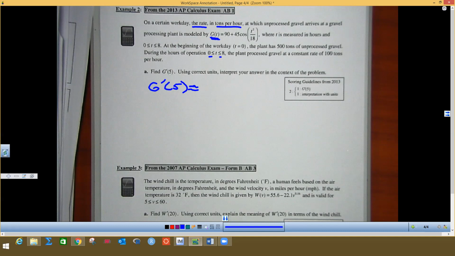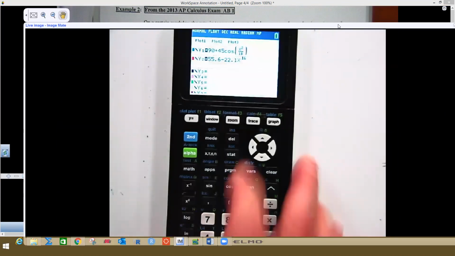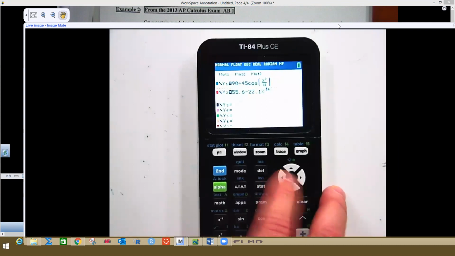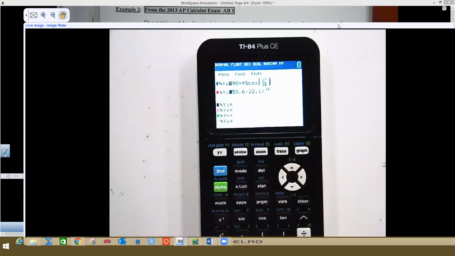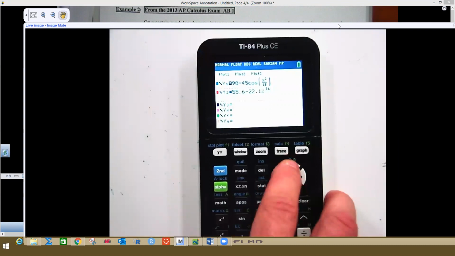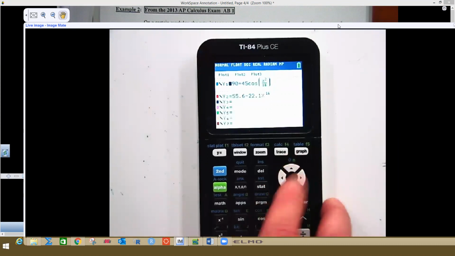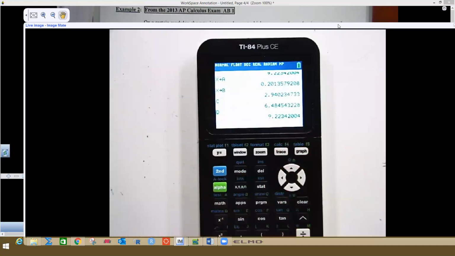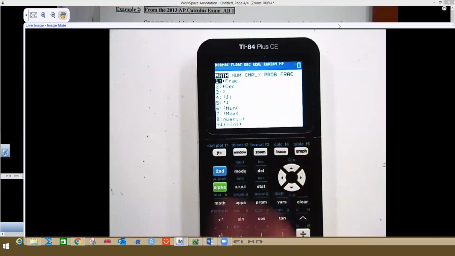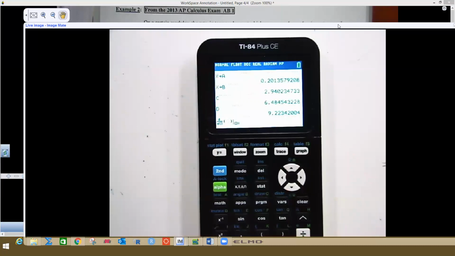So I'm going to get my calculator and show you this. I've already typed these into the calculator because I wanted to save time on this problem. When I turn this on, I have these problems already entered. The one at the bottom is the next problem, so I want to use that top one, and I turned off that second one. Now I'm going to hit second quit, and I want G prime, so that's going to be math 8, which is derivative, and I use x.